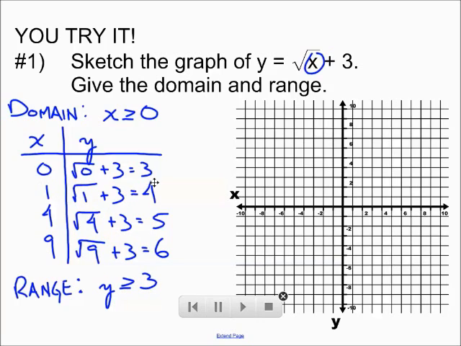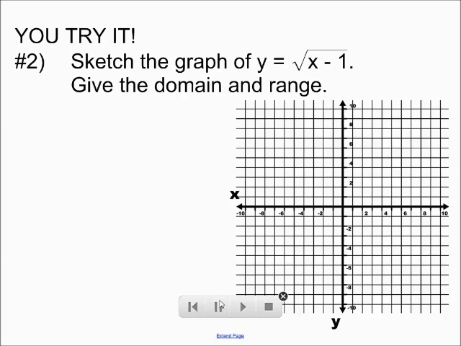We'll plot our ordered pairs 0, 3, 1, 4, 4, 5, and 9, 6. And we're done. Make sure that your curve doesn't extend beyond this point because none of these points over here work. It starts right here at 0, 3 and goes on from there.